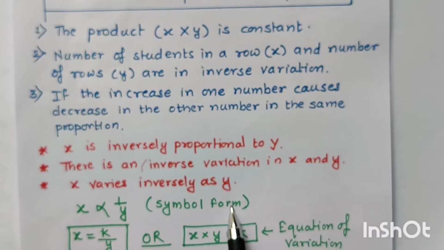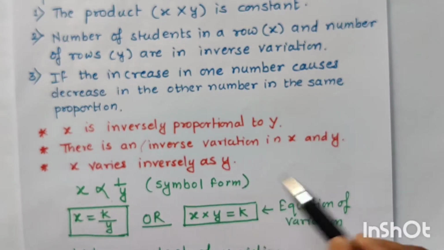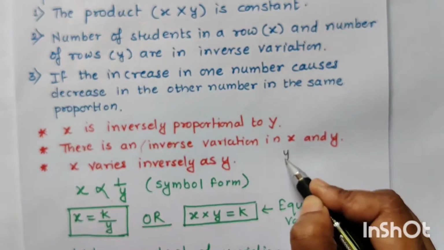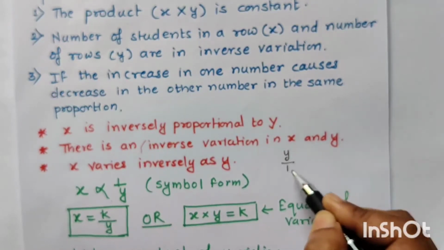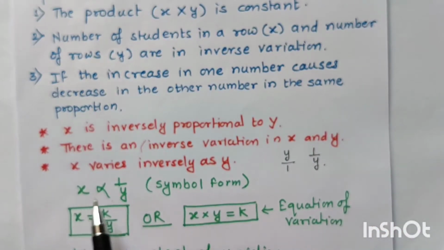In symbol form, we write it as x, then the variation symbol, and we write 1 upon y. The second quantity we have to write as an inverse. You all know what inverse is now. So what is the inverse of y? We write y as y upon 1, so its inverse is 1 upon y. So the first quantity we write as it is, and the second quantity we have to write as the inverse.